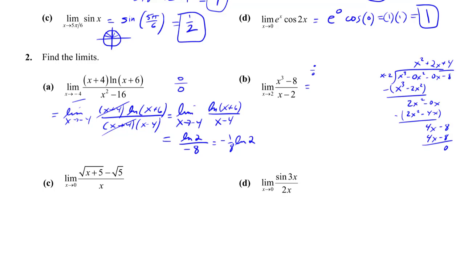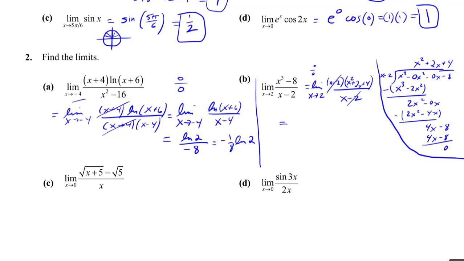And so what I have is that this actually factors, so I have the limit as x approaches 2. I have x minus 2 times x squared plus 2x plus 4. Separate that. Over x minus 2, and as I expect, x minus 2 cancels.